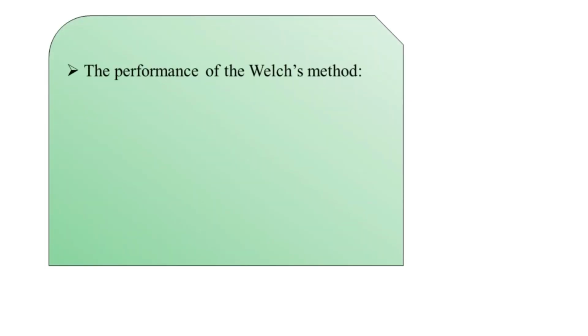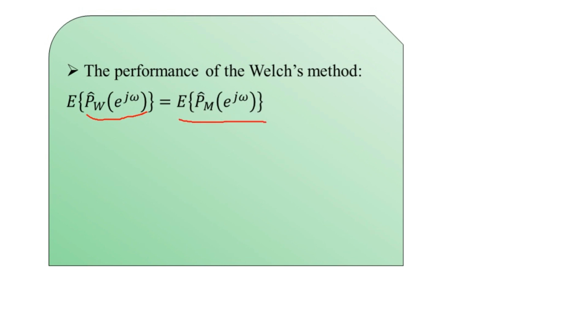The performance of the Welch estimate can be given by the expected value. Here we have the formulation capital E, and within the curly brackets we write the power spectrum estimate of the Welch method, which is nothing but the estimate by the modified periodogram method.